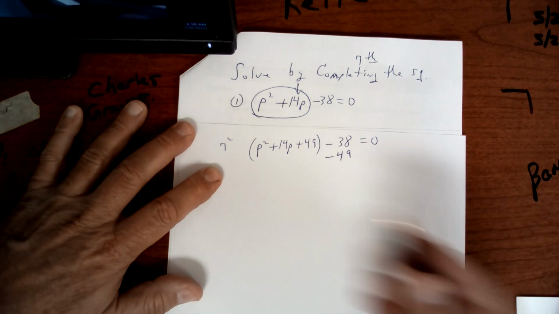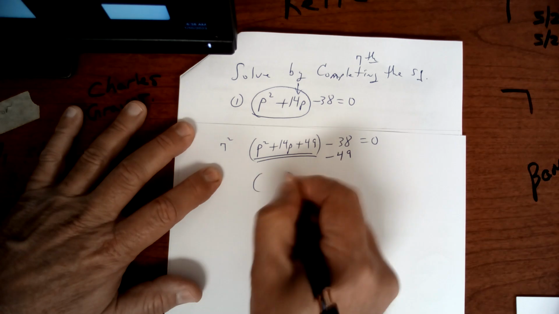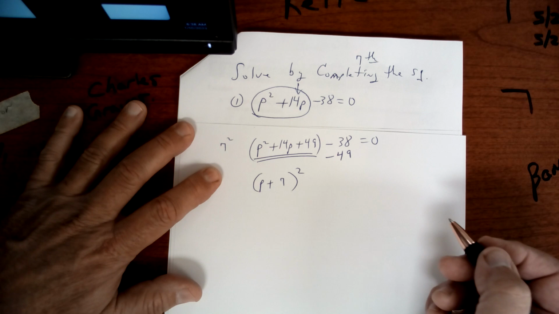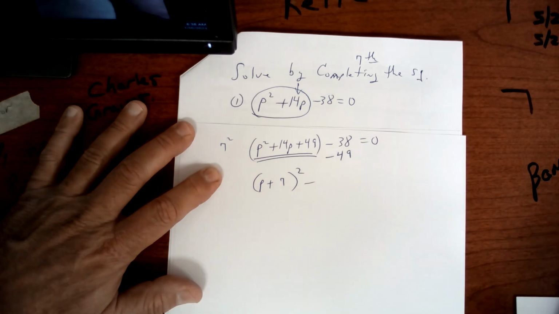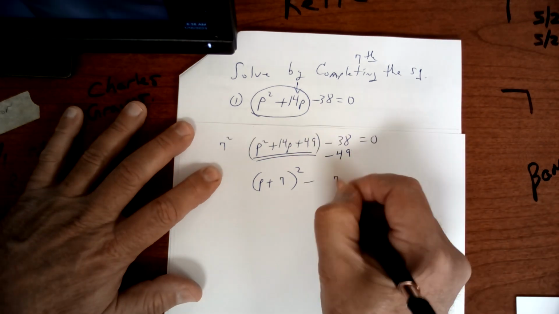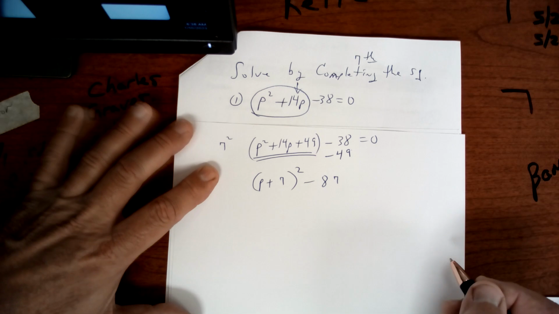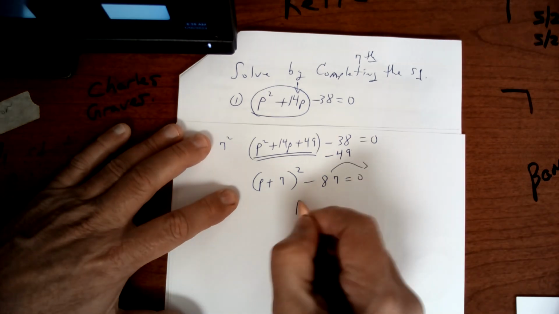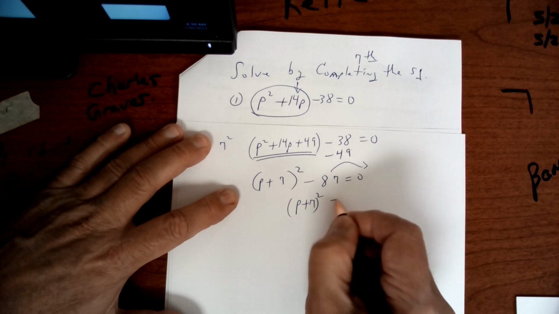But since you added 49, you also have to subtract 49 to make it balanced. This becomes a perfect square trinomial, so that's going to be p plus 7 quantity squared minus whatever that is. That's going to be 87. So to solve this equation, you're going to move the 87 to the other side. Pay attention now. That becomes a positive.